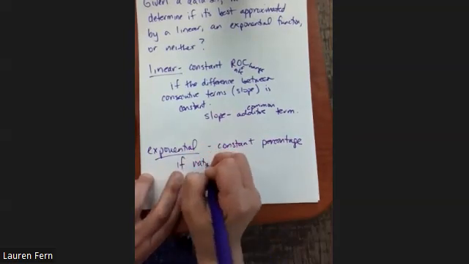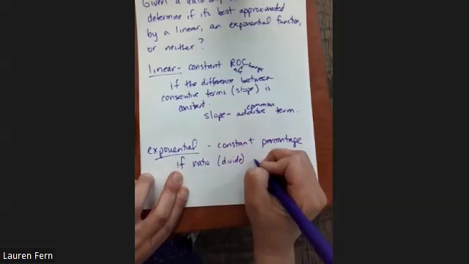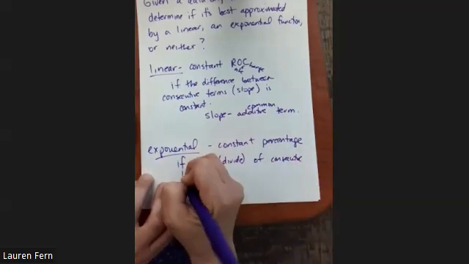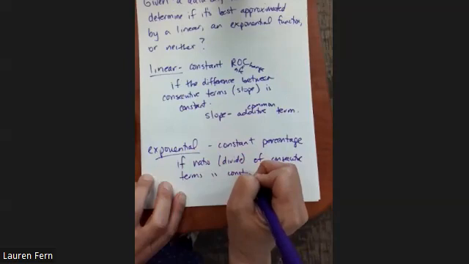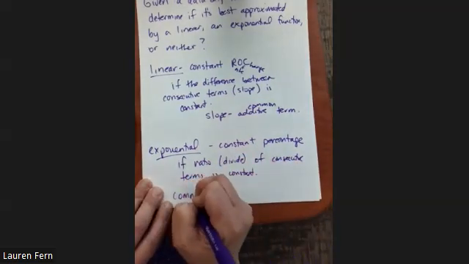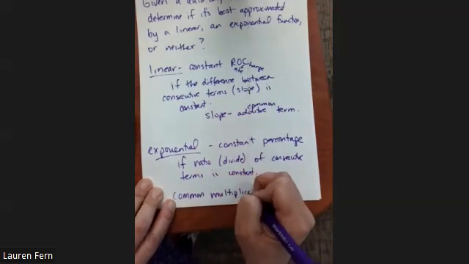And so we say if the ratio, i.e. divide, of consecutive terms is constant. And we call that our common multiplicative term.